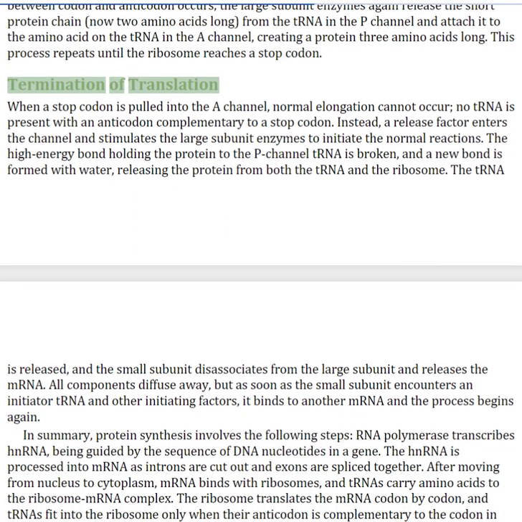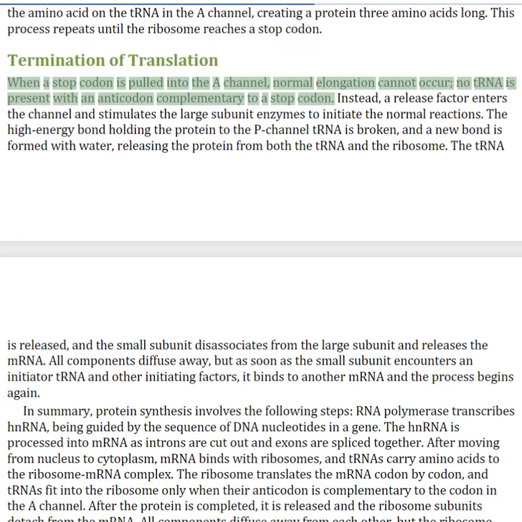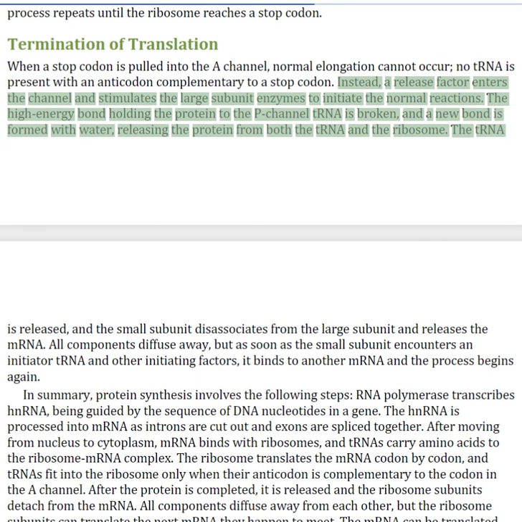Termination of translation. When a stop codon is pulled into the A channel, normal elongation cannot occur. No tRNA is present with an anticodon complementary to a stop codon. Instead, a release factor enters the channel and stimulates the large subunit enzymes to initiate the normal reactions. The high-energy bond holding the protein to the P channel tRNA is broken, and a new bond is formed with water, releasing the protein from both the tRNA and the ribosome.